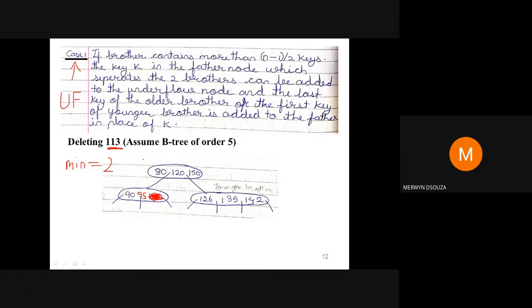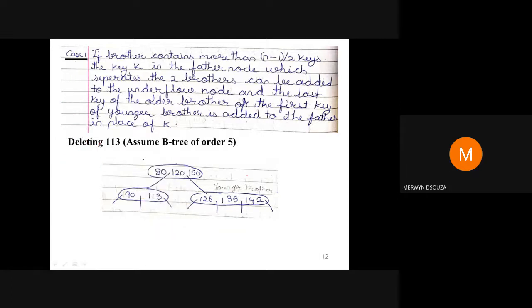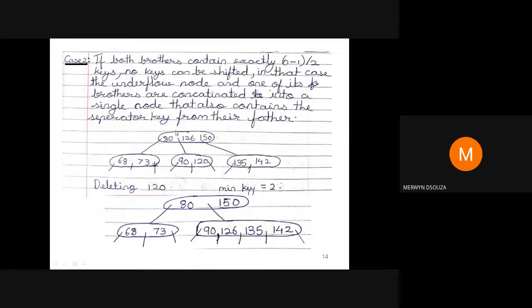What is underflow? Underflow means I am having fewer keys than this minimum number. So only if there is an underflow, you are going to apply any one of these cases that we are learning. If there is no underflow, you directly delete that key and you continue. Please remember that. So case 2.